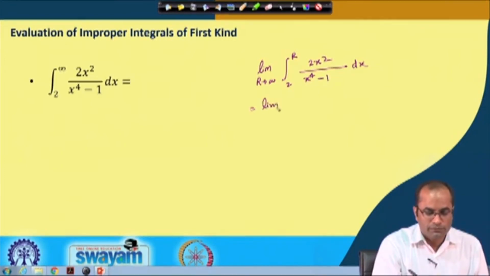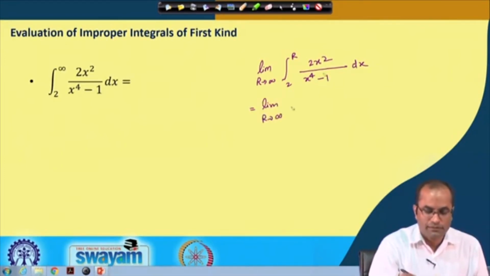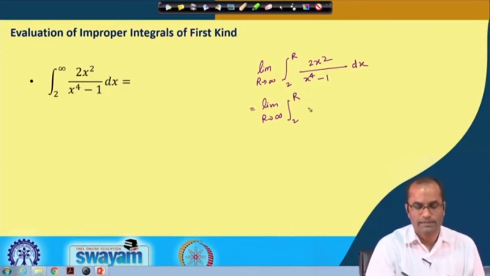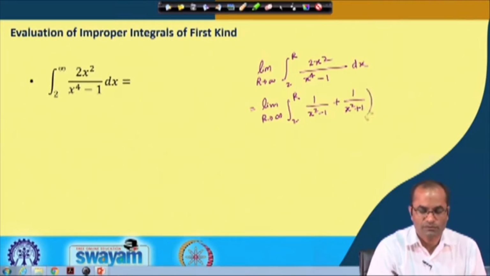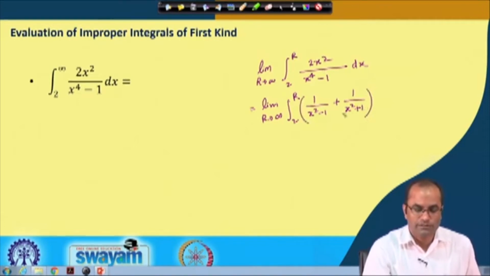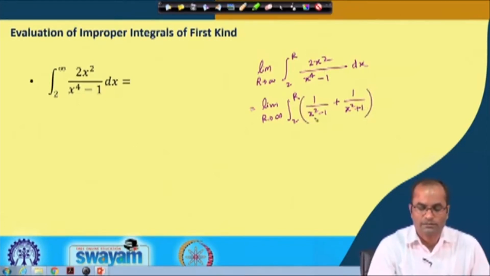This is equal to the limit r to infinity. Now we will do the partial fractions. So, x⁴ minus 1 is x² minus 1 times x² plus 1, so we get 1 over x² minus 1 plus 1 over x² plus 1, and this will be exactly 2x² over x⁴ minus 1. Then again we do the partial fractions.